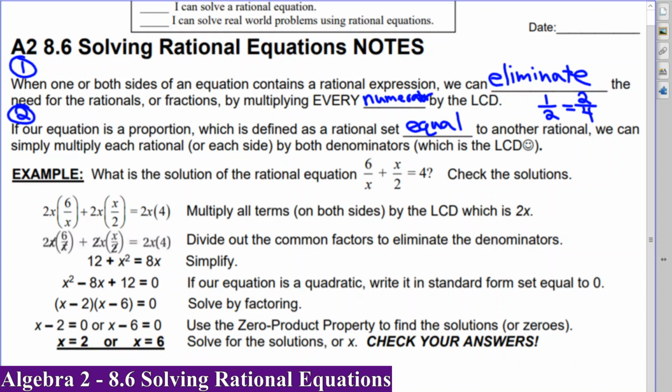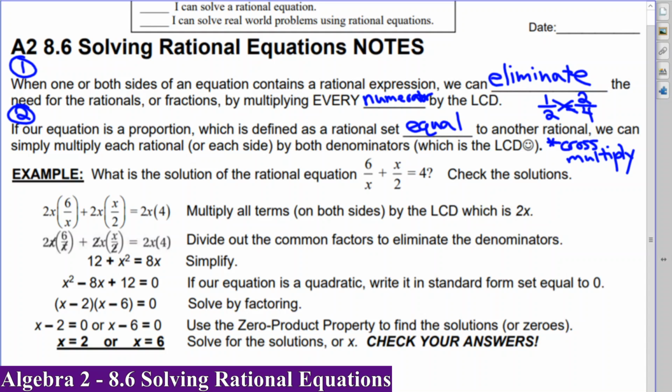We can simply multiply each rational by both denominators. So what we're saying here is we can cross multiply, and we should get the same thing on both sides, equal.